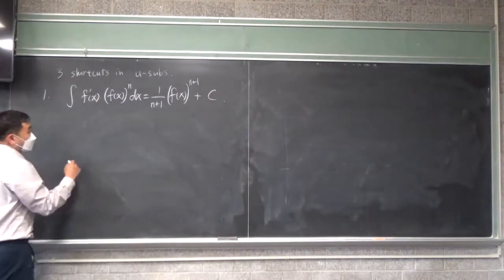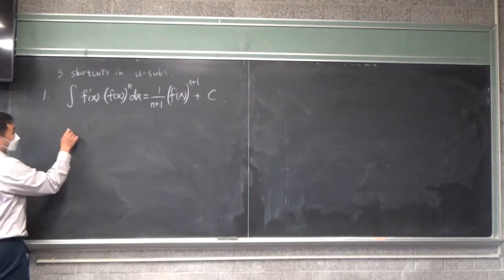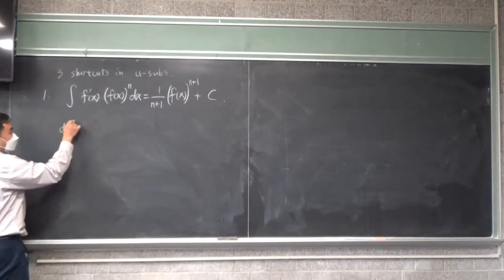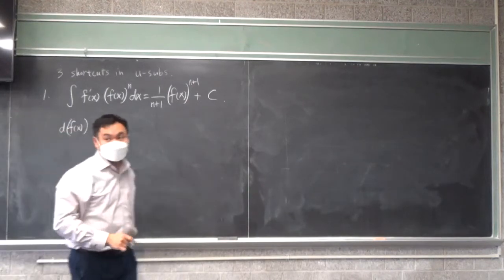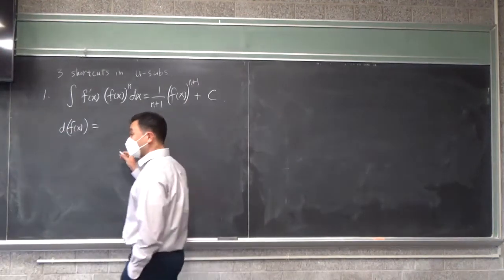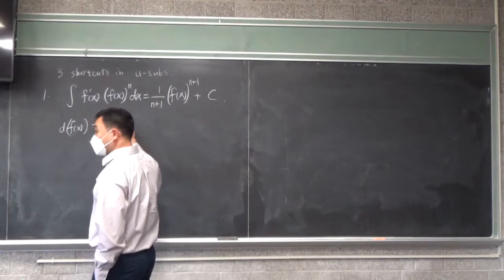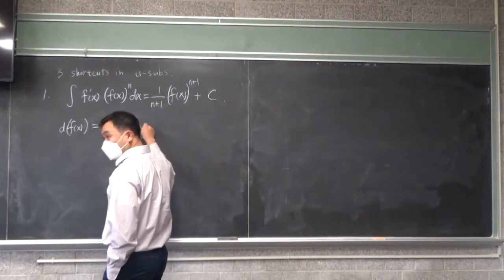So the way you understand this is, think of d of f of x. What's d of f of x? F prime of x dx. Right.